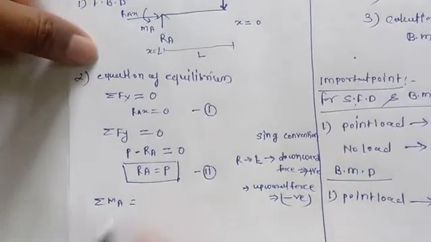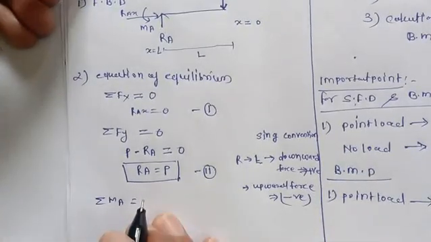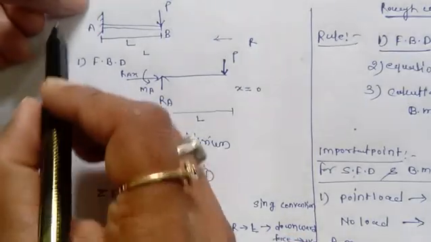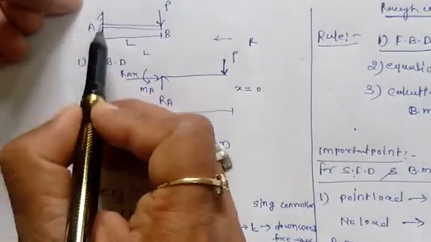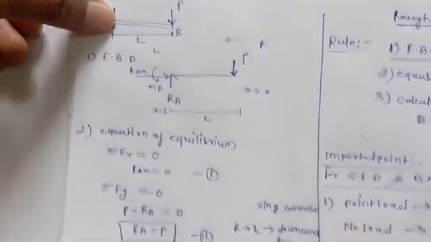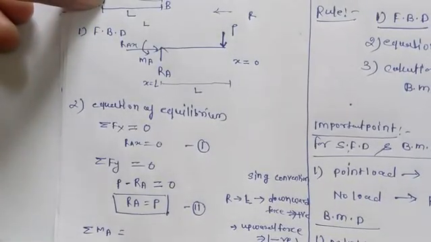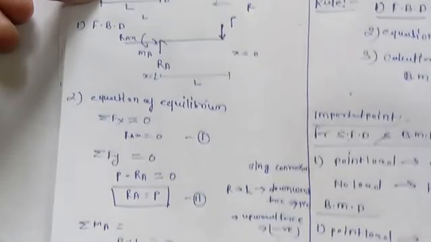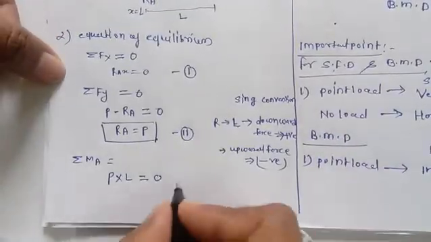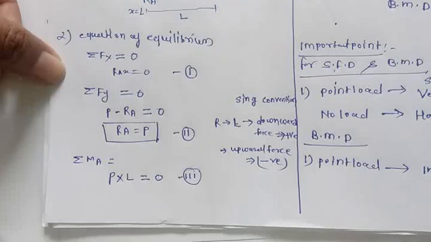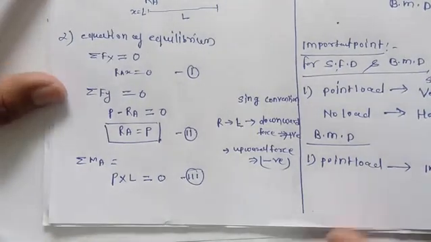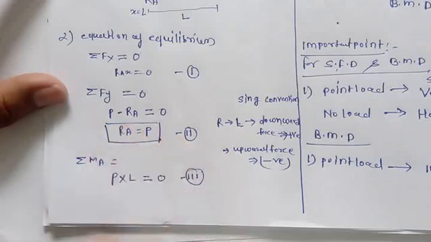So moment about A, this is A. If you take the moment about A, it is P into L, the force into the perpendicular distance, which is L. So this is the moment about A, equation 3. Now this is the equation of equilibrium.